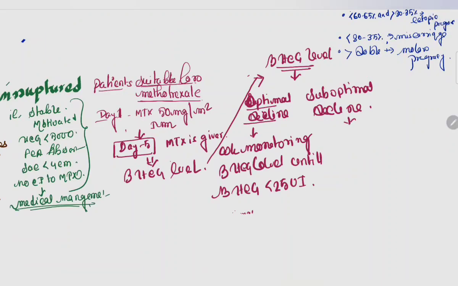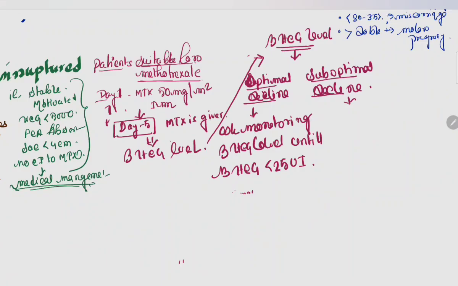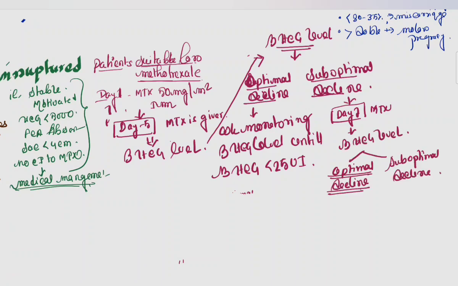But if the beta HCG level shows suboptimal decline between 1 to 5 days, on day 7, methotrexate can be given again. After that, check the beta HCG level. After 7 days, if optimal decline of the beta HCG level occurs, then do weekly monitoring of the beta HCG level until it is less than 25 international units.